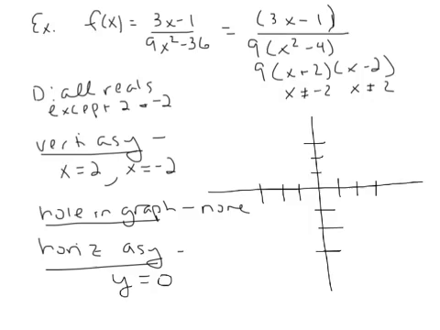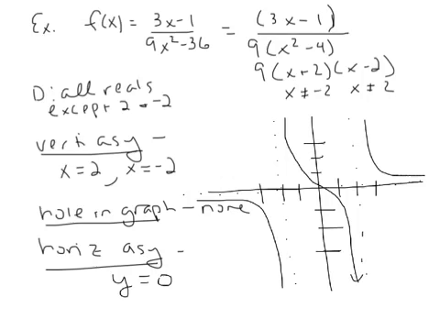So when I draw my vertical asymptotes at -2 and 2, and then I have a horizontal asymptote at y = 0, you're going to think that it's not going to cross through there. When I look at my graph here, it's going to look like this, and then it's going to go like this, and it'll look like this. There are no holes in the graph, so basically this is what my graph is going to look like.